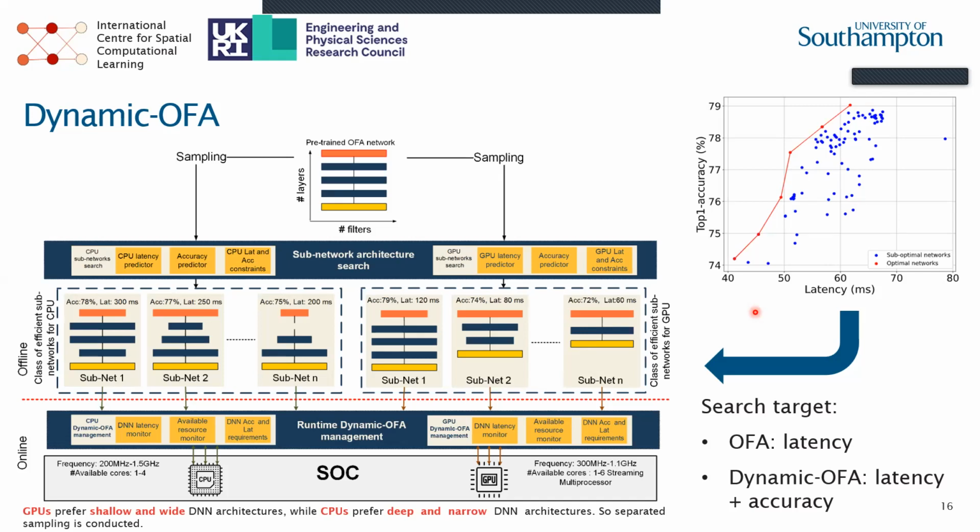So you are right, in the evolution search stage, they do also have this accuracy predictor. And OFA also has a latency predictor. So these are two predictors to do faster search. But the problem is we found that this can be inaccurate.